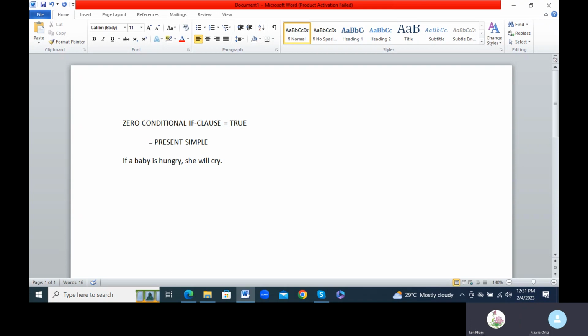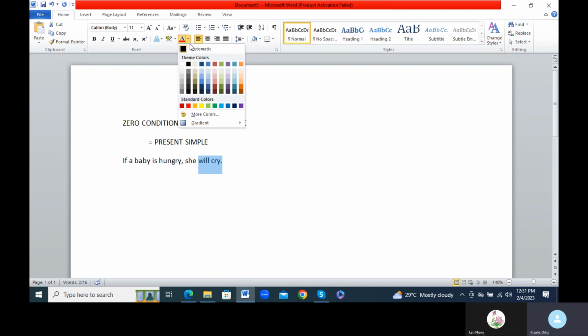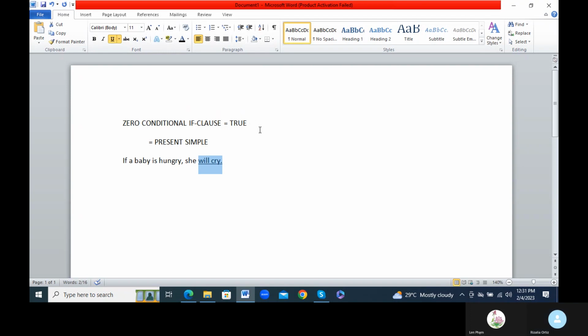The use of will cry talks about the future, but according to the definition of the zero conditional if clause, it talks about something that is generally true. But she will cry is only a possibility. It is not always true. So this verb will cry is only a possibility in the future.